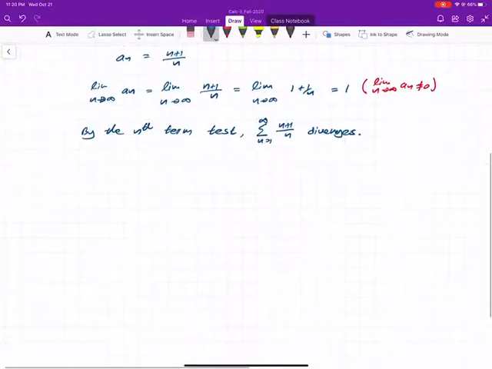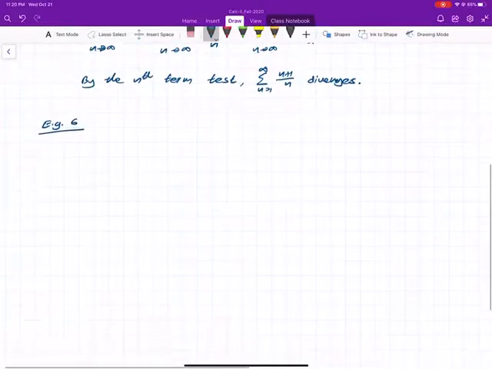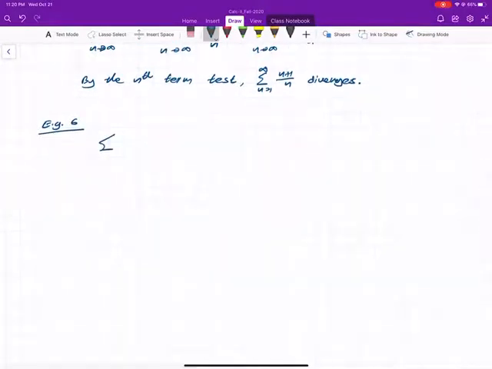Let's move to the next example. Example 6. You have this series sigma n goes from 1 to infinity, 3n minus 1 over 6n minus 1.